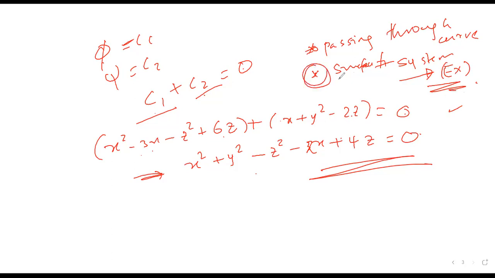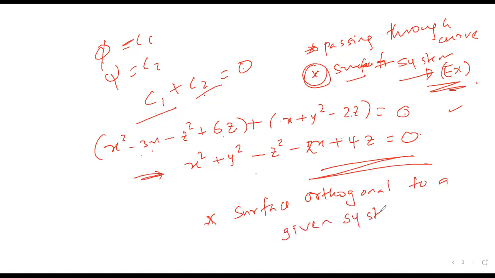This is your exercise. The heading will be surface orthogonal, perpendicular to a given system of surfaces. So you can search like this: surface orthogonal to a given system of surfaces.